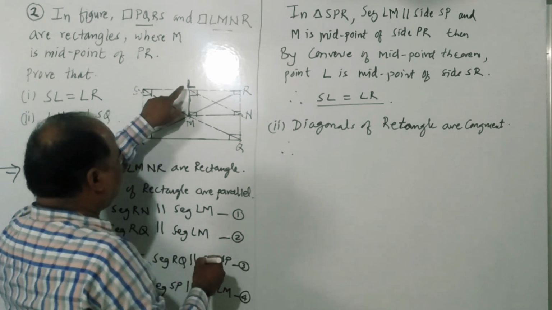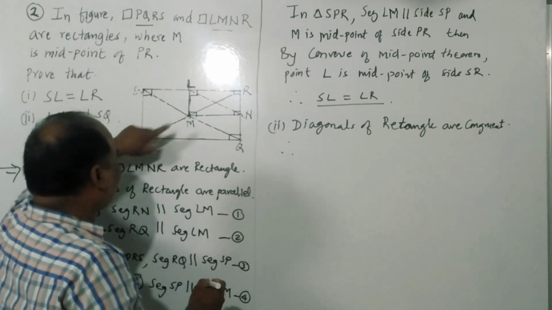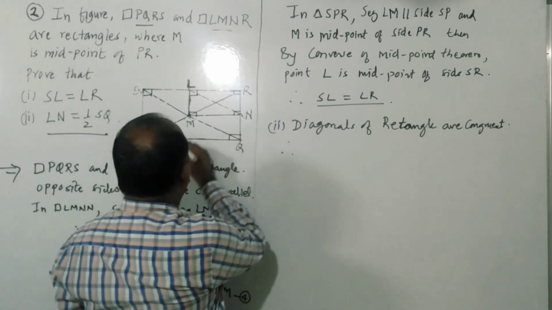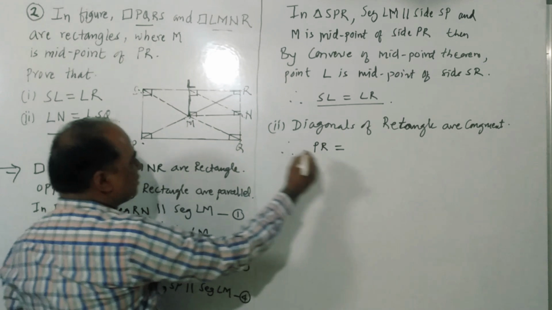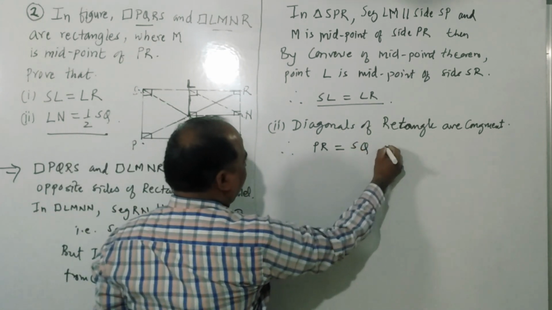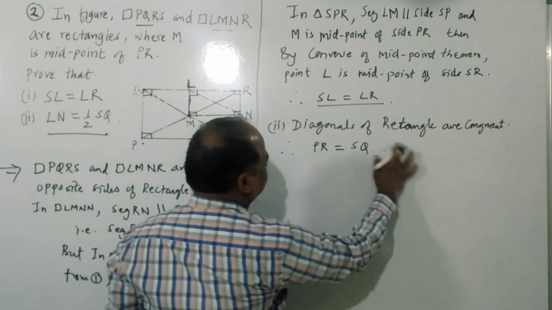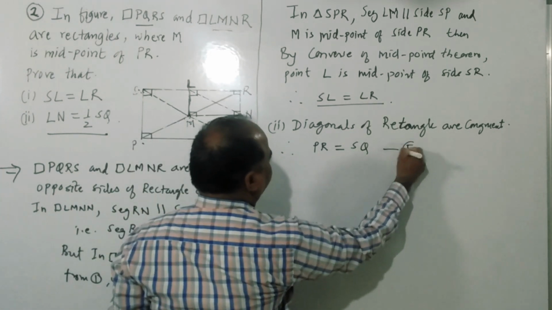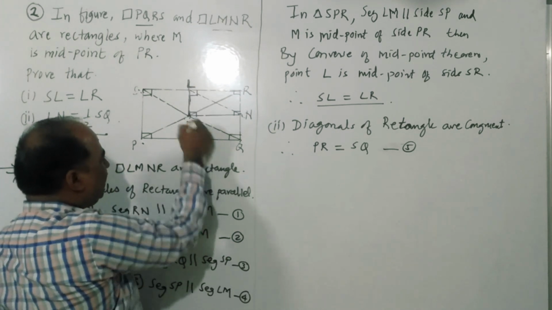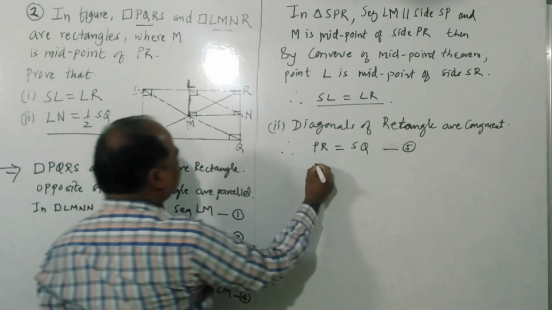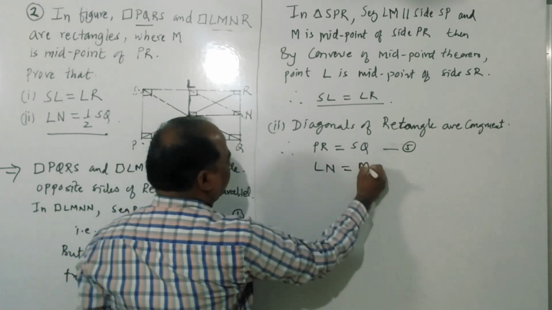Therefore, in quadrilateral PQRS, diagonal PR is equal to diagonal SQ, this is number 5, and in the rectangle LMNR, diagonal LN is equal to diagonal MR.